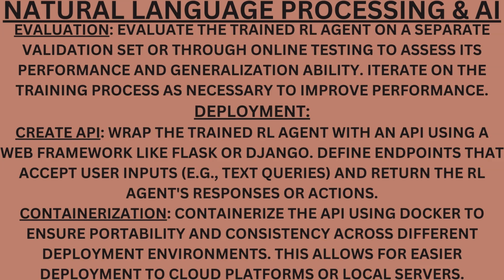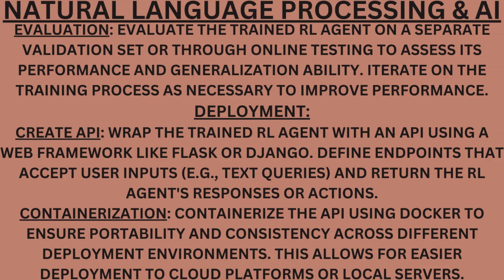Deployment. Create API. Wrap the trained reinforcement learning agent with an API using a web framework like Flask or Django. Define endpoints that accept user inputs, that is, text queries, and return the reinforcement learning agent's response or actions. Containerization. Containerize the API using Docker to ensure portability and consistency across different deployment environments.